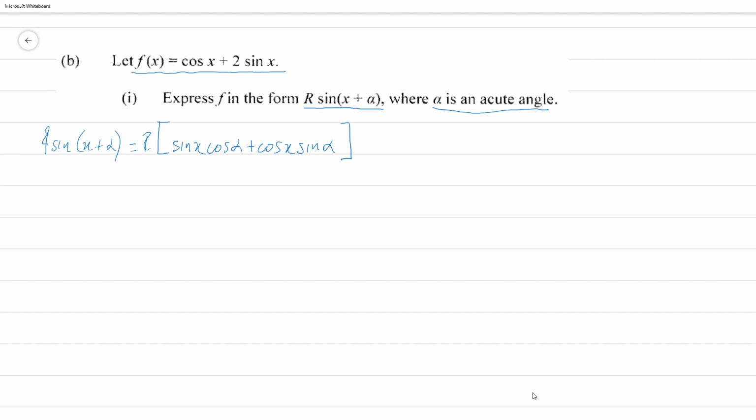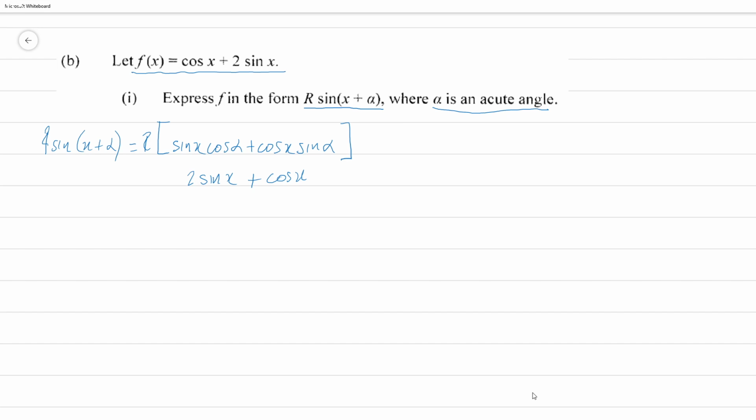It doesn't matter how you choose to write it. Let's write the f of x below, so hopefully we will be able to compare. Now immediately when I write it below, I see my first term is cos x, but I have a sine x here, so I would just write the cos x on this side, and the 2 sine x will go in front here. So that doesn't change the question. Of course, addition is commutative.